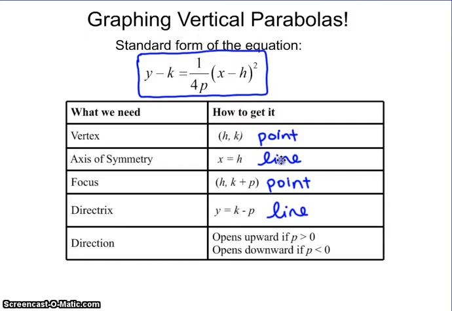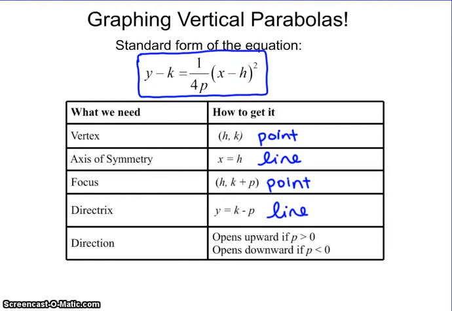When I say line, I need to have either x equals or y equals as part of your answer. Some of you put just 5 on the previous test, and I gave you credit for that. What I was really looking for was x equals 5. 5 is a point, x equals 5 is a line. That's going to be crucial here. Now the direction: if p is positive, it opens up, and if p is negative, it opens downward.